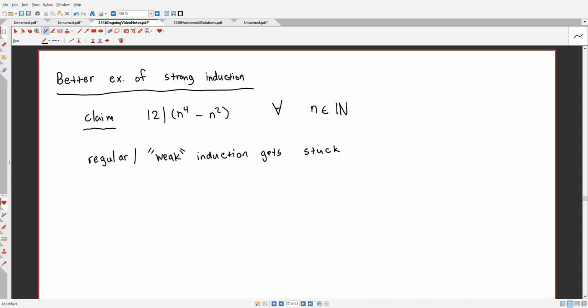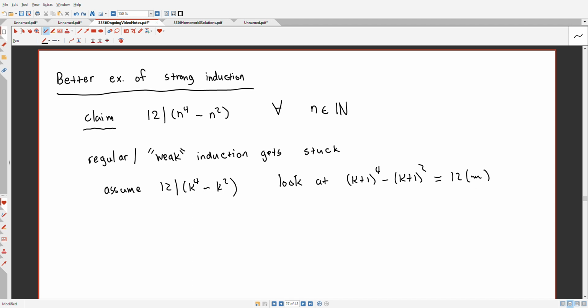So what happens is you assume 12 can divide k to the fourth minus k squared, and then you look at k plus 1 to the fourth minus k plus 1 squared, and you're trying to prove 12 can divide this thing. The problem is when you look at this, you do end up getting like a 12 times some stuff, and that's great.